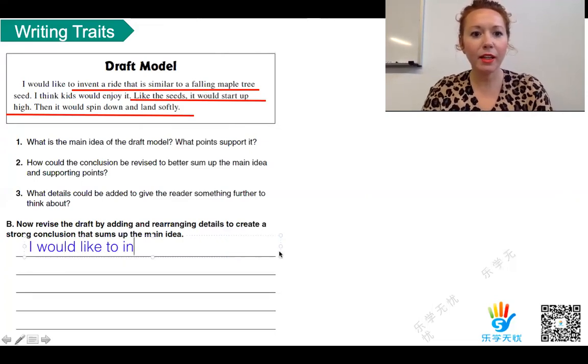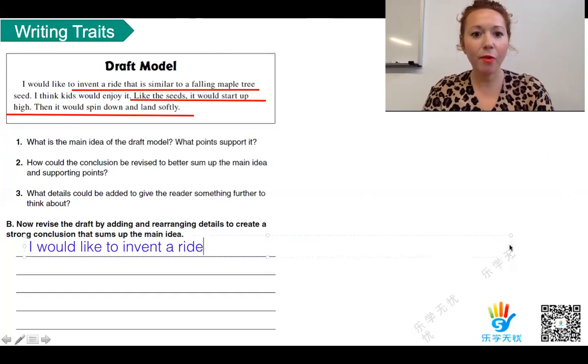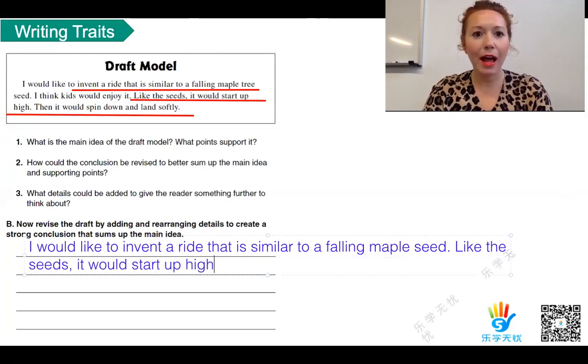I would like to invent a ride that is similar to a falling maple seed. Like the seeds, it would start up high.